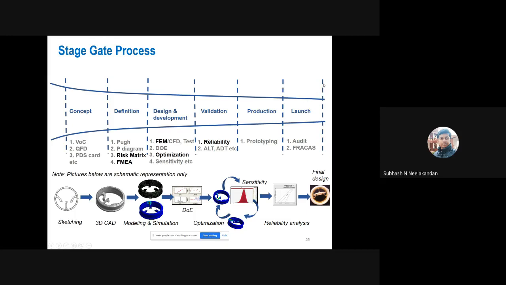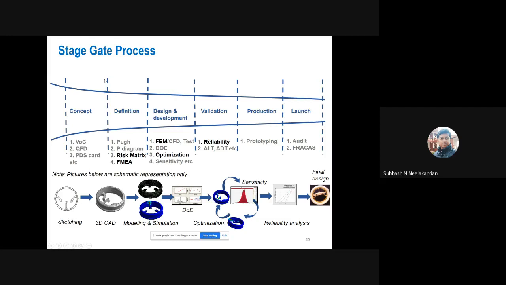Once the product is in the concept stage and the concept stage is about to complete, it is called gate 0. Gate 0 involves different tools like voice of customer, quality function deployment, and product development scorecard. All these parameters and R&D activities are carried out during the concept of the product.